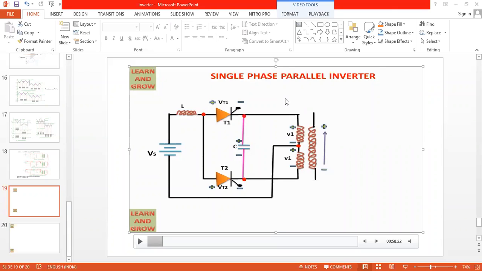Sine wave, modified sine wave, and square wave inverters. The other names: sine wave inverter means series inverter circuit, square wave inverter means parallel inverter circuit, and modified sine wave means bridge inverter circuit. We have already done the series inverter and the bridge inverter circuit.